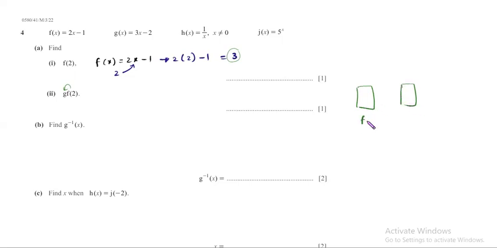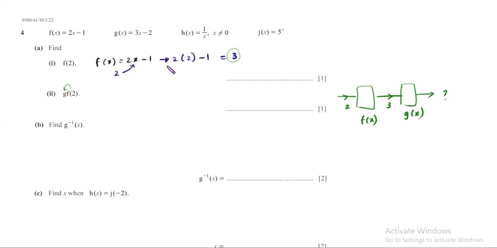The first function machine is the f of x function. The second function machine is g of x. First, you send 2 into the first function machine. The output that you get from the first function machine, which is this 3, is sent into the second function machine. And now they are asking what this final output is going to be.